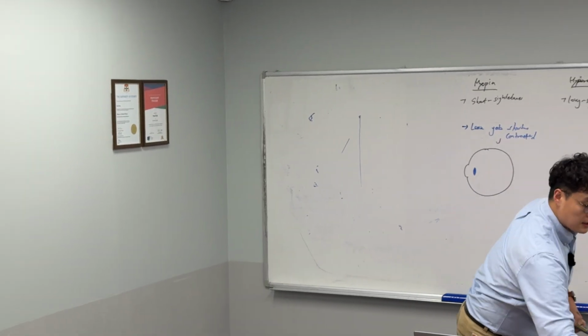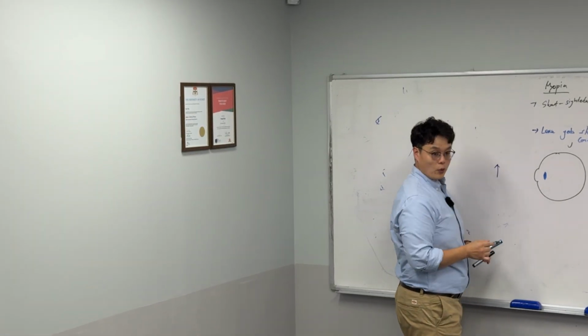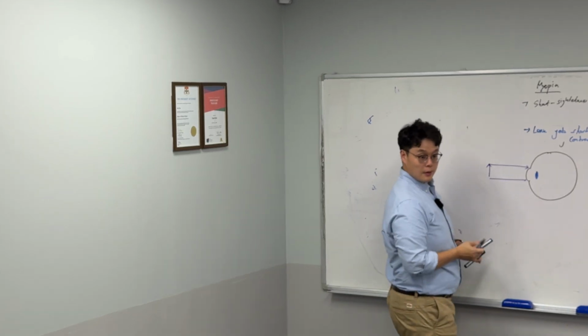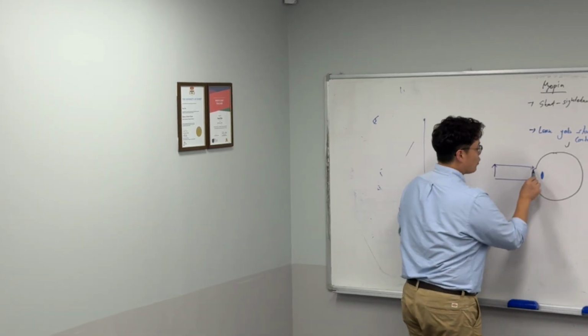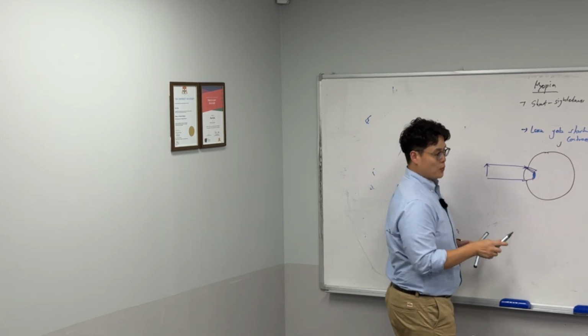See what happens then? As lenses get shortened, this is what happens. If you have an image that forms here, it goes to the cornea, okay? And then once it hits that, it's passing through. So here's what happened.